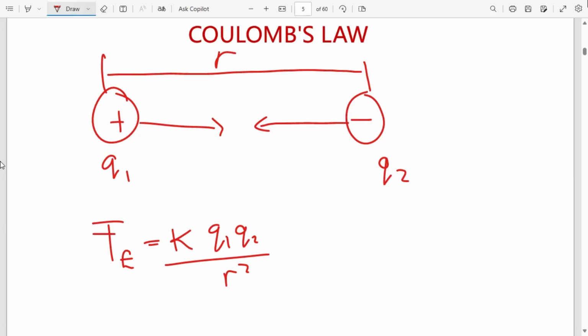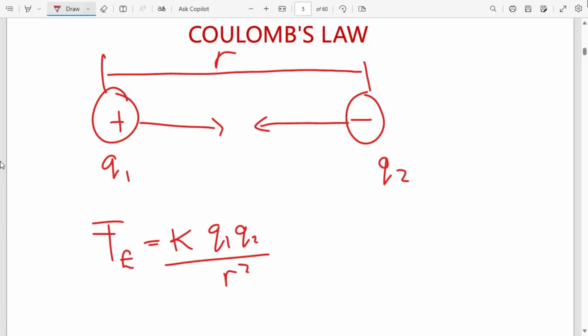What do we mean when we say two point charges or a point charge? A point charge is just a particle that has a charge but is too tiny to have size. So I can describe it as a tiny object with charge but no size. That is what we call a point charge.